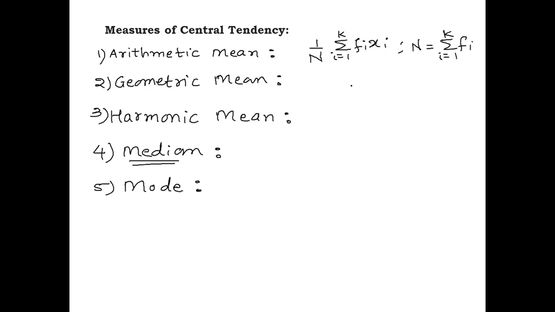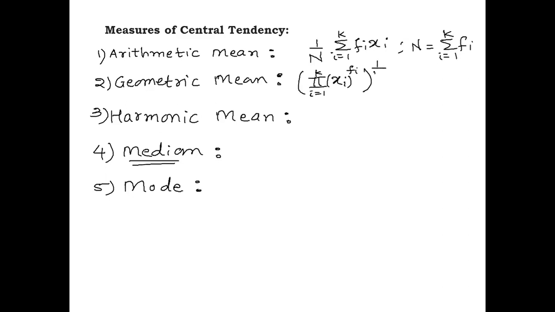Similarly, we can give the formula for geometric mean also. We have to multiply all the observations. Suppose xi observation is appearing fi number of times. So xi into xi into xi, fi times, so xi to the power fi, multiplied over all the k classes, i from 1 to k.